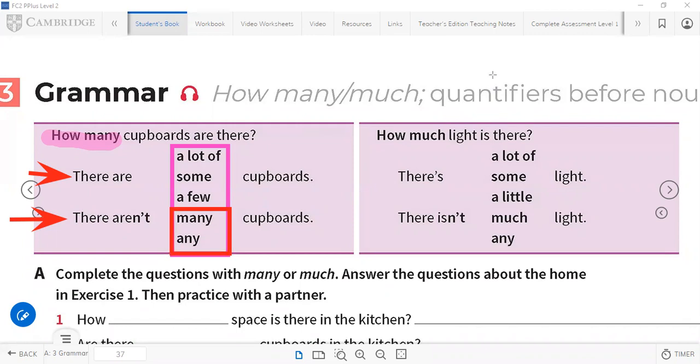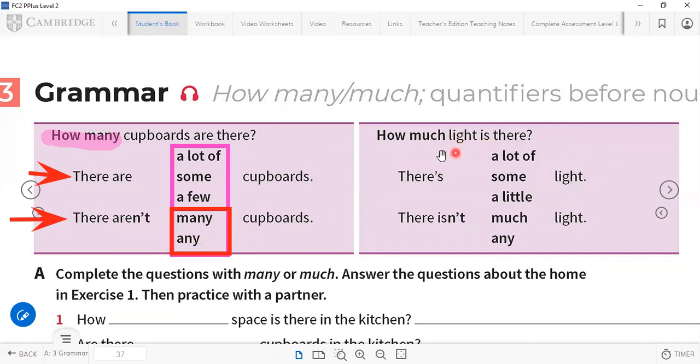So both options are correct. Okay, one example: there aren't many cupwords, and there aren't any cupwords. Quiere decir que no hay. For example, in this case, no hay. There aren't any cupwords in this case.